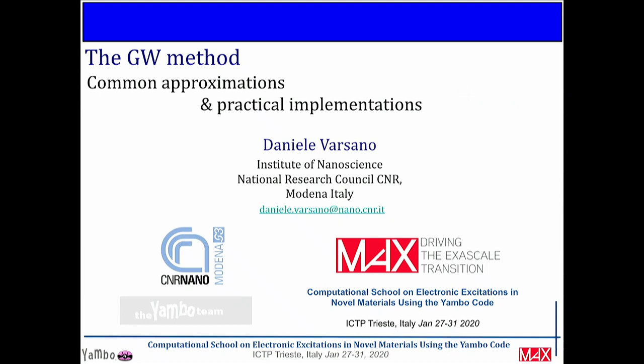Sometimes we have a forum with the Yambo code. You can subscribe, you can access it from the web page, and there we help users with problems or clarifications about the code. Sometimes questions arrive from users like, I'm trying to calculate the quasiparticle gap of strongly correlated, I don't know, metal oxides, nickel oxides.